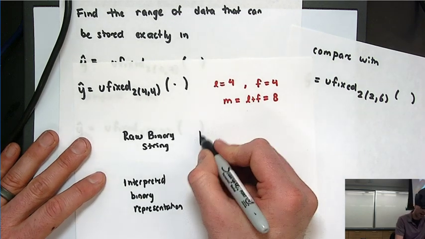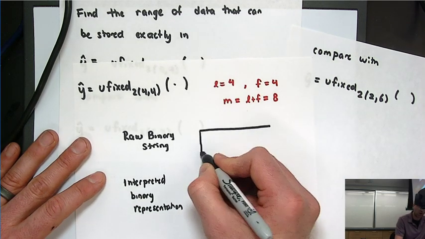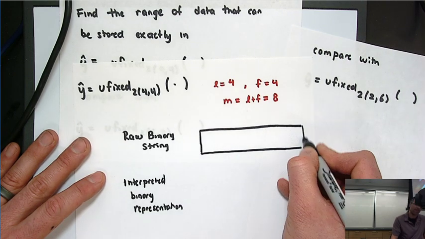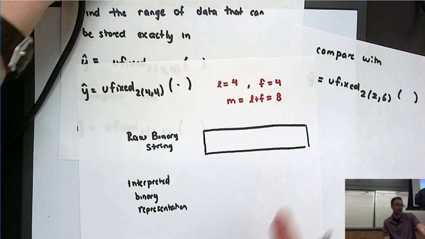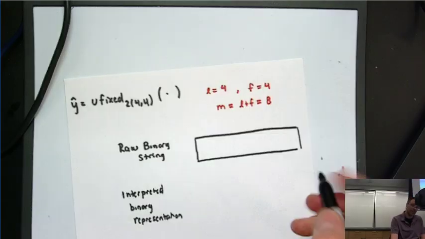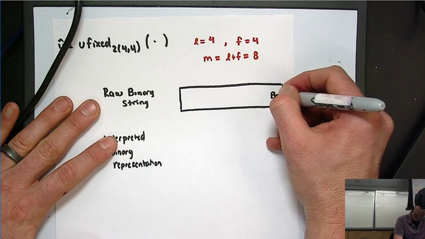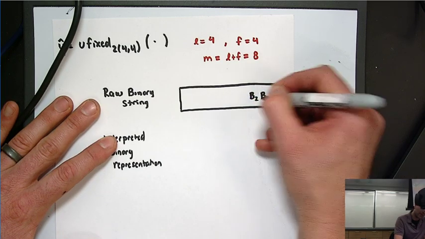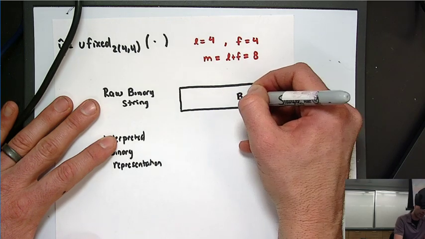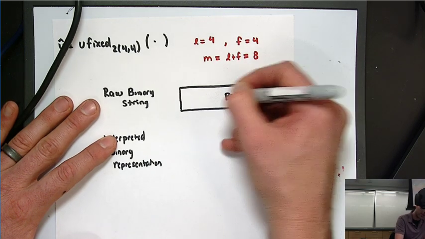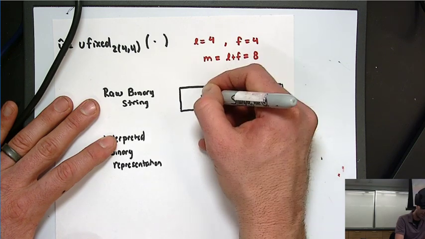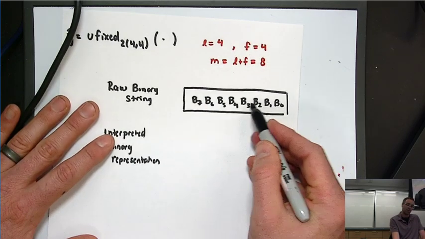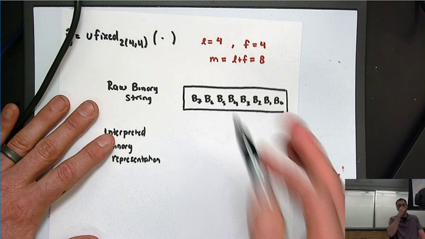Okay, so in the raw binary string, how many total binary bits do I have? 8 of them. So literally in this situation, I'll call the raw one with capitals, and I'll call the interpretive values with lowercase for now because I don't have any compelling reason not to do so. 1, 2, 3, 4, 5, 6, 7, 8.